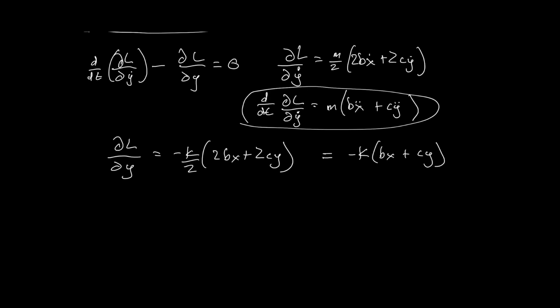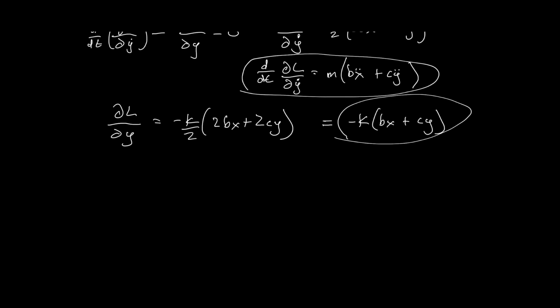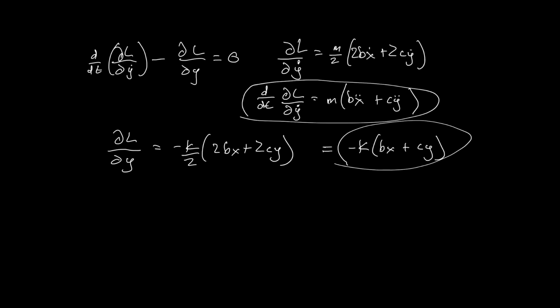Great. And if we put them together, we have our second equation of motion, which, again, I'm going to divide out the m here right away. bx double dot plus cy double dot plus, don't forget the minus a minus, plus k over m times (bx plus cy) equals 0.